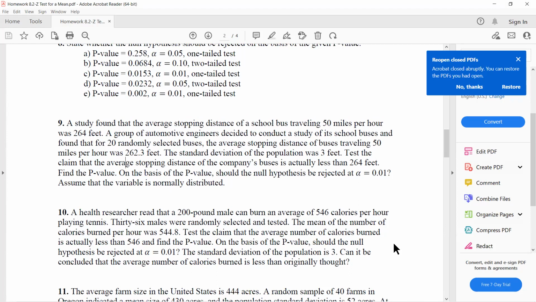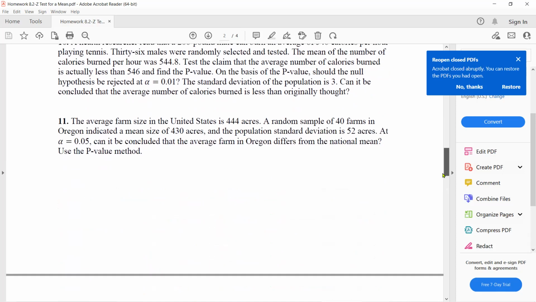What is it? Reject? That's correct, because 0.02 is less than 0.05. Good job. That's reject the null. So not hard, right? This was just to help reinforce the rule for you. How about E? Reject.